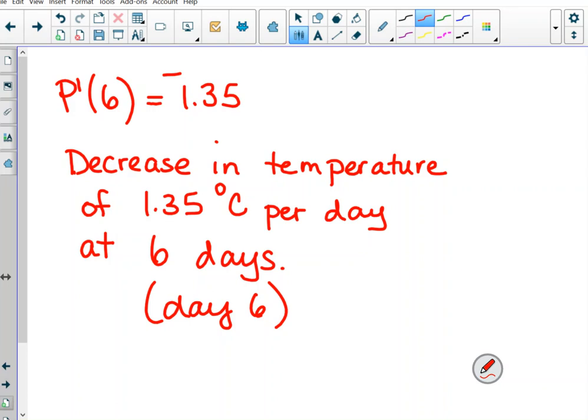It's not redundant. This is the point in time. This is the unit measure. These don't necessarily always go together. They mostly do, but they don't have to. So you have to specify how the units are being measured and when the measurement is taken. On the 6th day, we calculated the temperature was decreasing at a rate of 1.35 degrees Celsius per day. It's decreasing how often? It's decreasing this much per day.